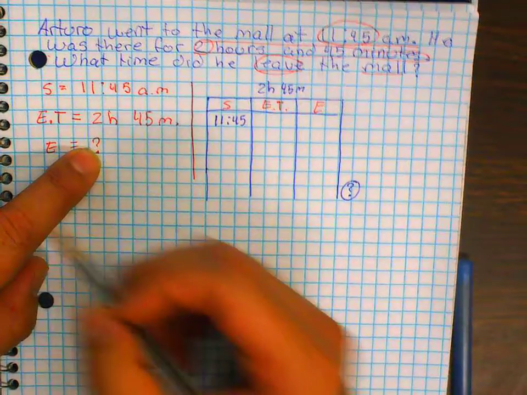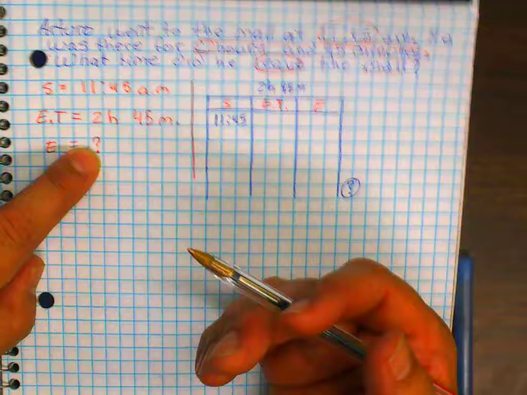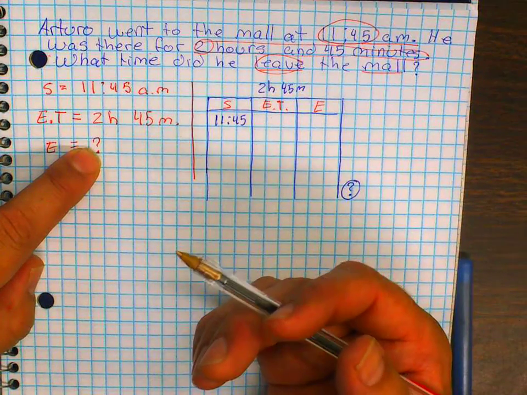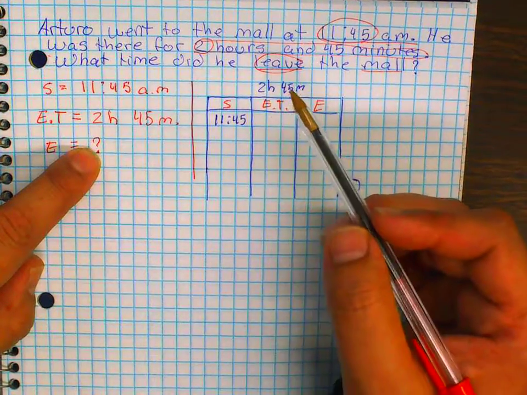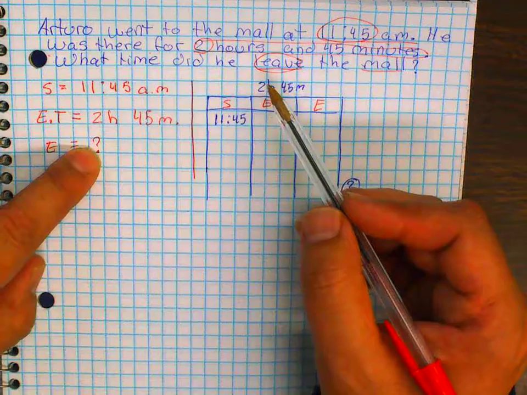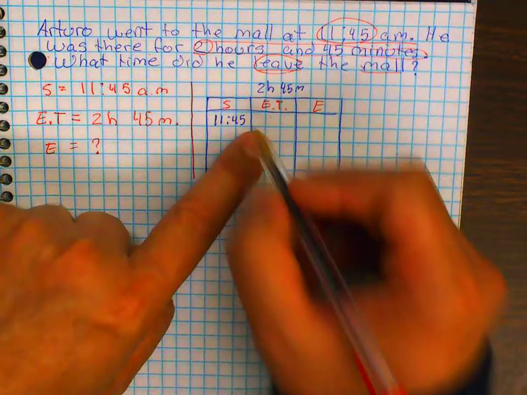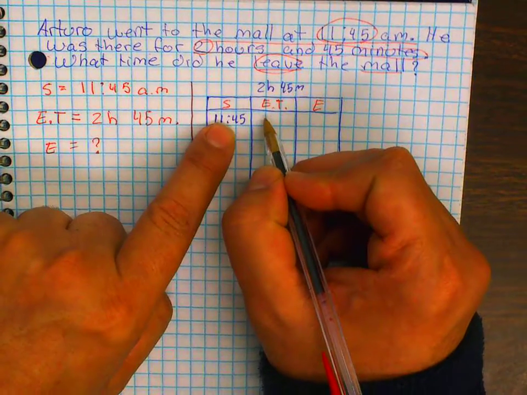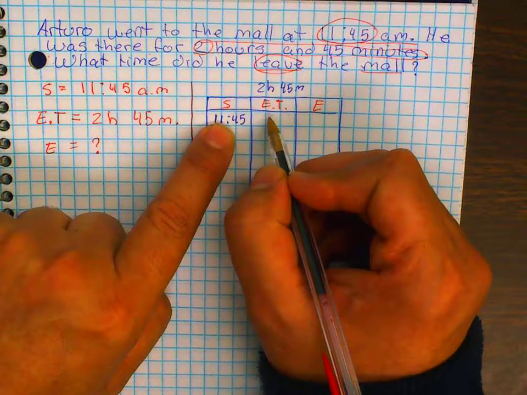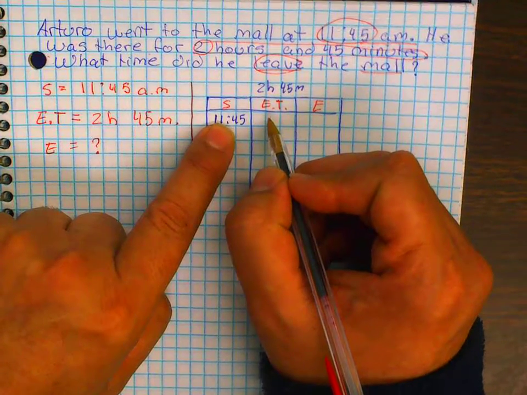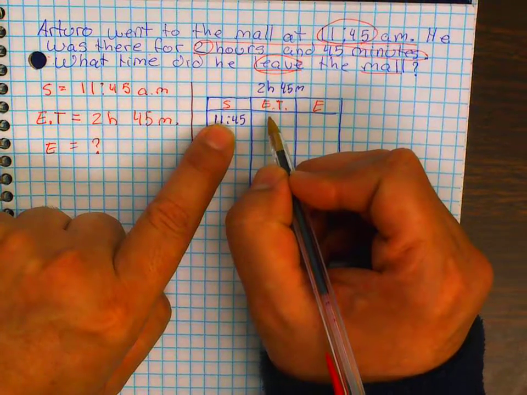I always try to start with the hours because those are easy to add. Okay. So I have 2 hours. Can I add 2 hours here? Yes, I could, but notice that it's 11, and sometimes it's hard for me to remember what comes after 11.